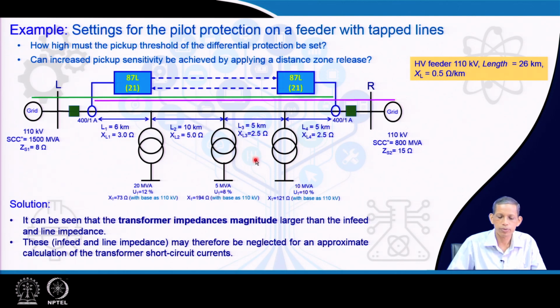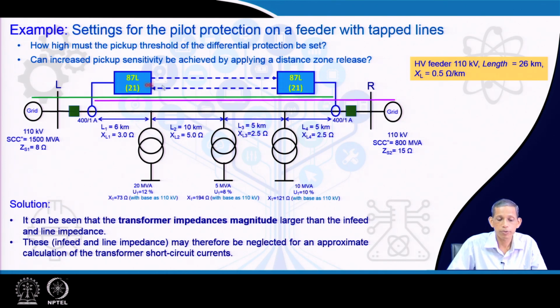Three transformers are connected through taps, for the two tap lines, which are feeding different loads. We have the short circuit capacity of this side grid and this side grid, all data given, line lengths of 6 km, 10 km, 5 km and another 5 km available here. It is a 110 kV system, total length is a 26 km feeder.